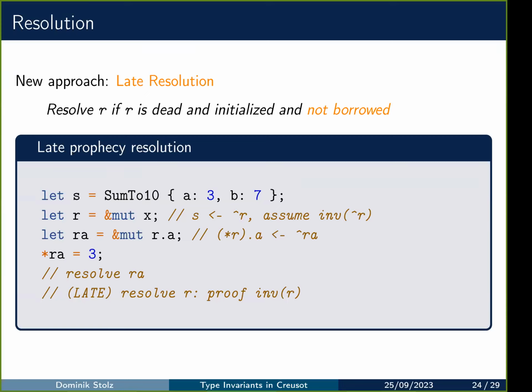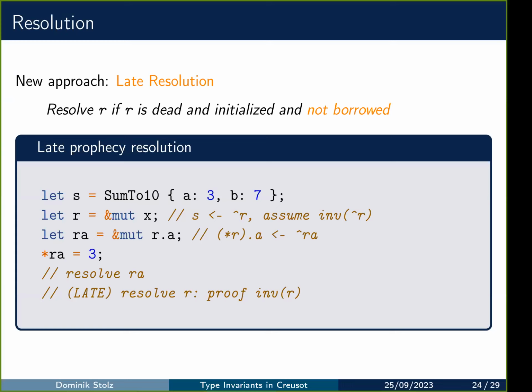And so late resolution would wait until R is no longer borrowed, which is after we resolve RA, after we have written 3 to RA. Late resolution would only resolve R at the very last line.